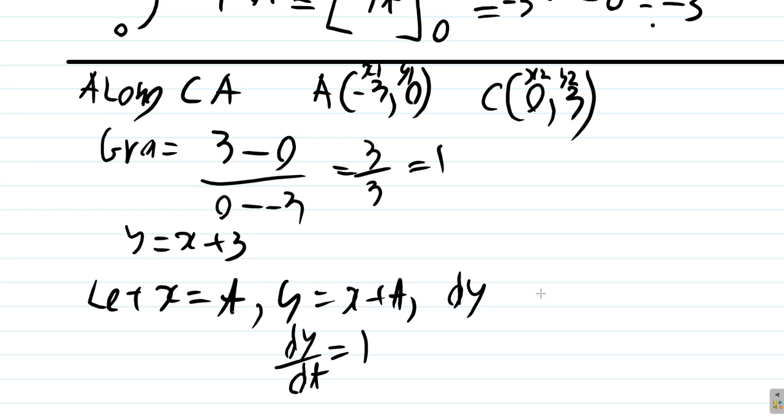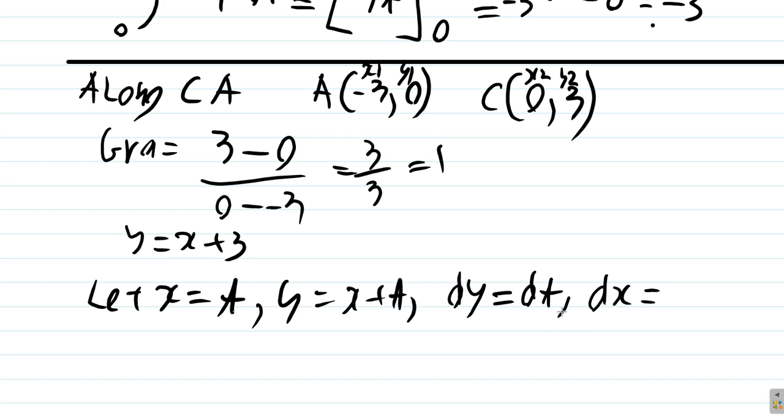So when you transpose this to make dy the subject, dy equals dt. What about dx? You need to write dt alone. Now, x is equal to t. So if you differentiate this, dx by dt is equal to 1. So dx is equal to dt. Alright?